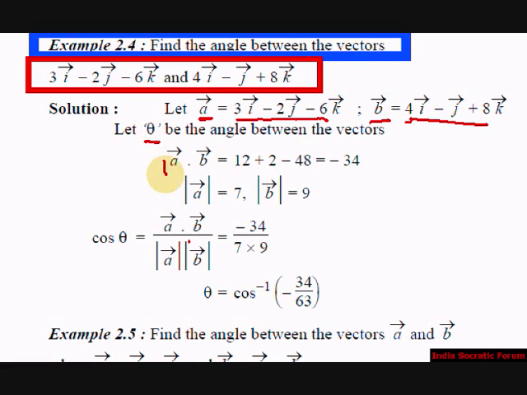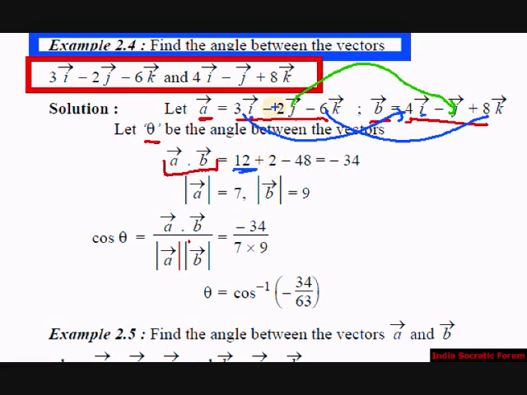So what is A dot B? We know that when it is A dot B, all we have to do is multiply this with this, this with this, and this with this. Okay, so when we multiply like that, it is 3 into 4, 12, and i dot i is going to be 1, j dot j is 1, k dot k is 1.